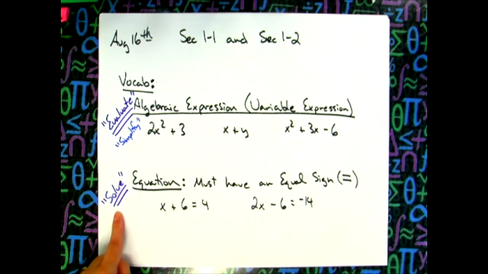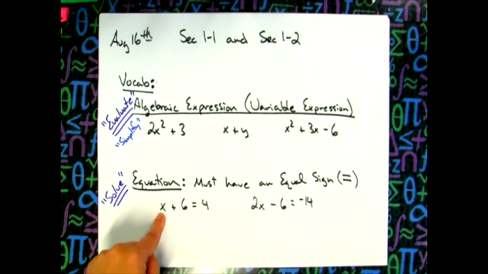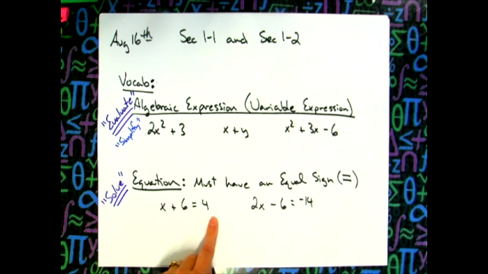If it says solve, then I have to be working with an equation because I can solve this equation and figure out what needs to go here to make it true. So if I solve that equation, x is going to be negative 2. We all ought to be able to subtract 6 from both sides of the equation and say, hey, x has to be negative 2 because negative 2 plus 6 equals 4. So I solve it.